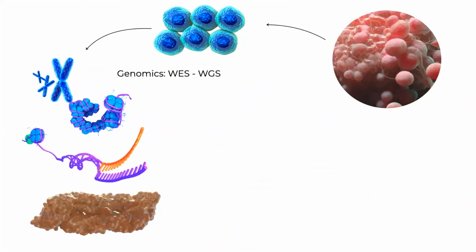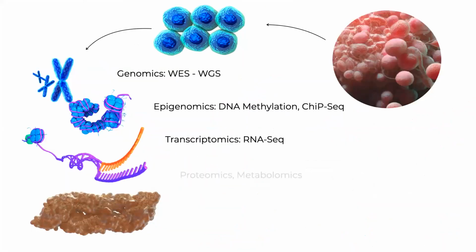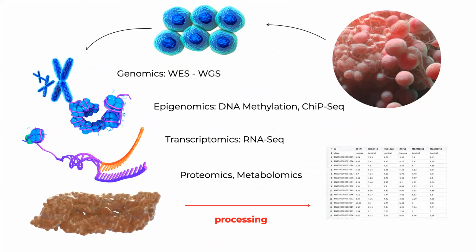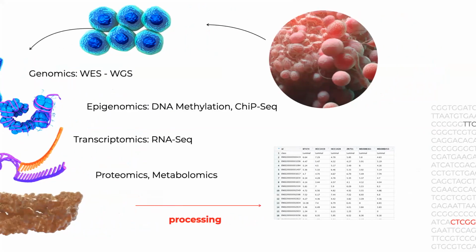Most of these data types are generated randomly at high speeds and producing large unstructured data sets. To process and structure them, they require complex computational data processing, a procedure that will convert the unstructured data to structured data, which can be visualized and analyzed statistically.